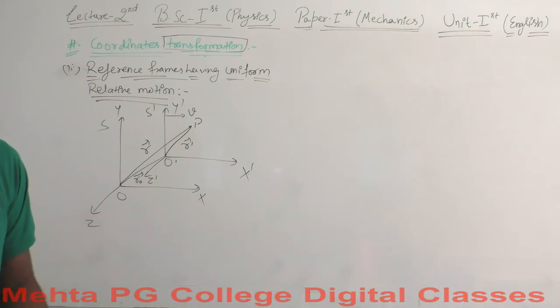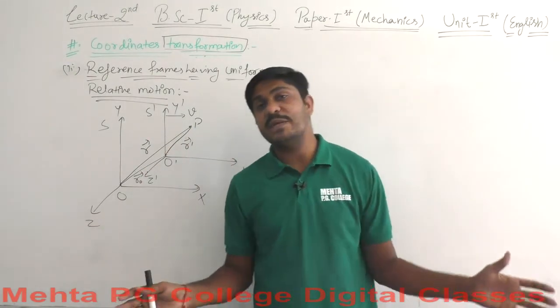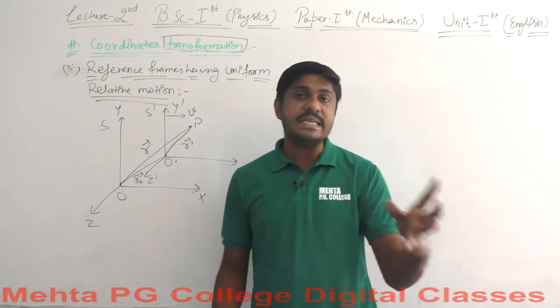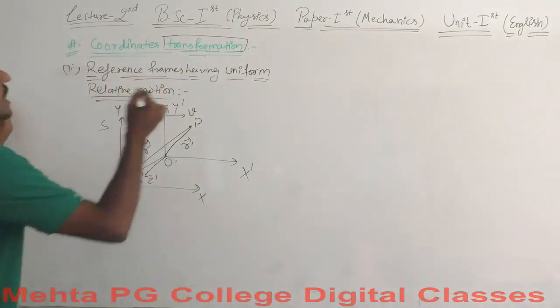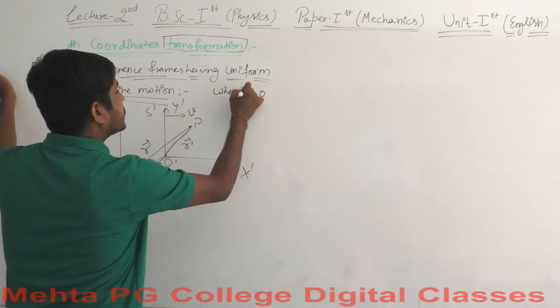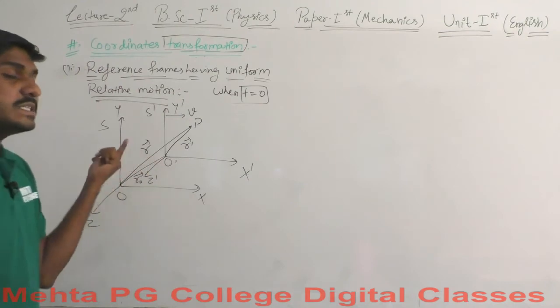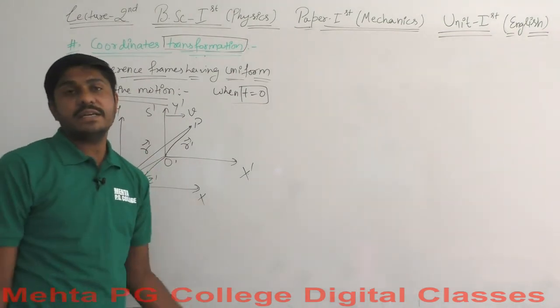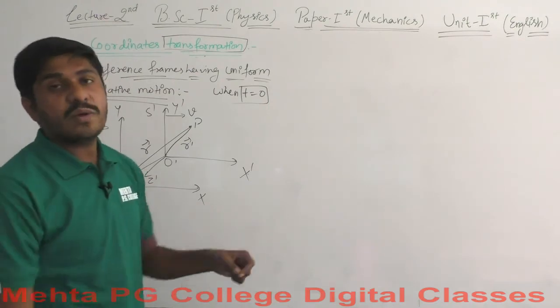Let's jump into the mathematics. According to us, both of these reference frames initially, when time t is equal to 0, a new concept introduced here, we can consider that these two frames have the same origin, so O and O dash overlap each other.